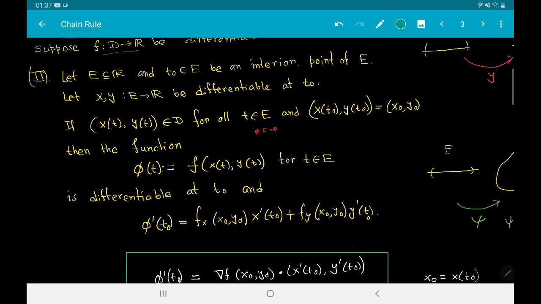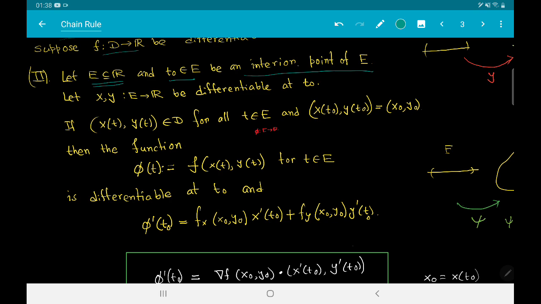Now E is a subset of R, and suppose that t0 is an interior point of E. That gives us the clue that we are going to talk about a function on E which is differentiable at the point t0.